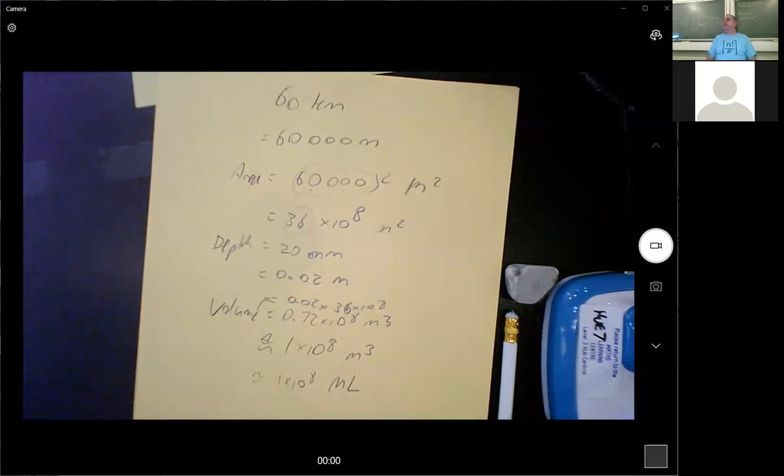I could have tried it a different way and worked out how much depth it produces in a certain amount of time for an area.